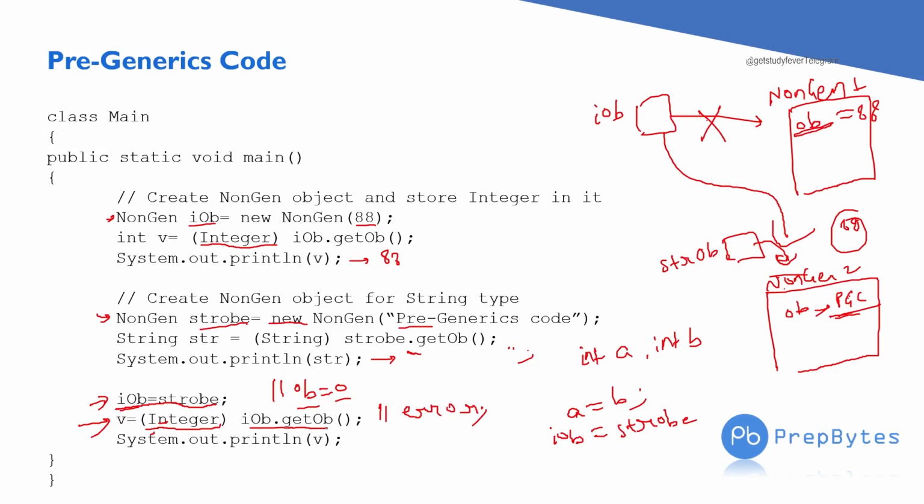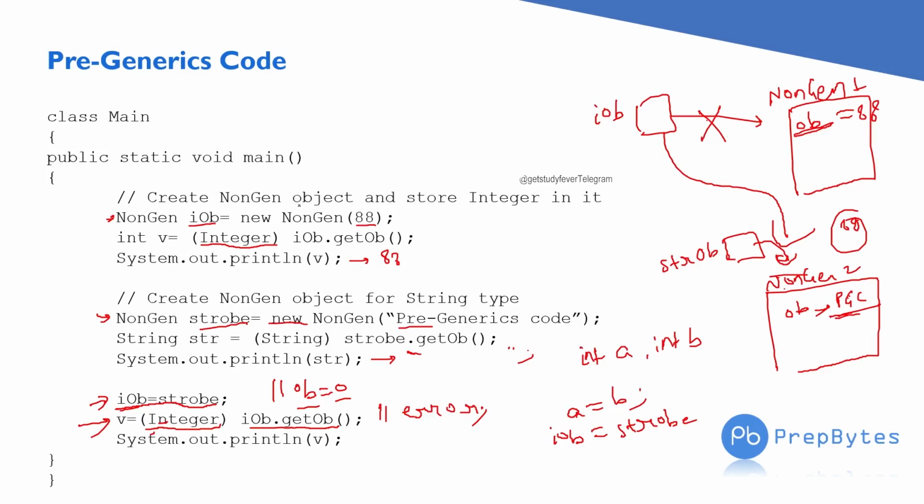It didn't show that my iOb contains a string now, but for me it did contain an integer. So I tried to cast it into an integer, and the error is shown in runtime. I will show you in the IDE also what the error is. So the problem occurred because non-gen prevents the Java compiler from having any real knowledge about the type of data actually stored in non-gen.